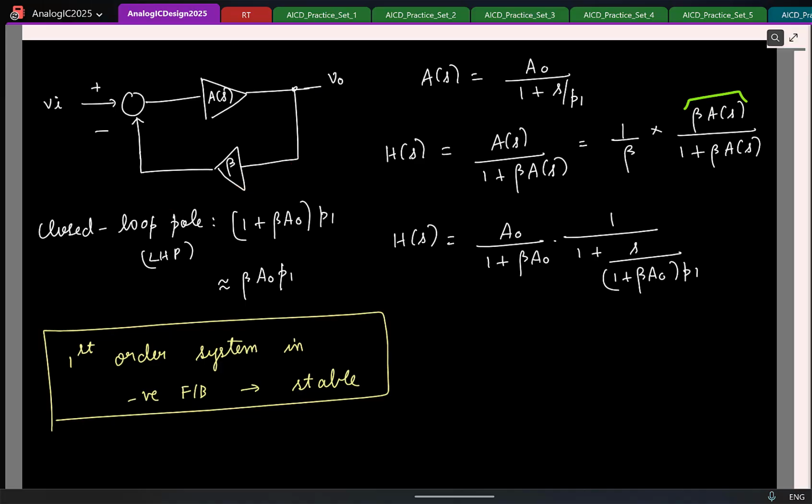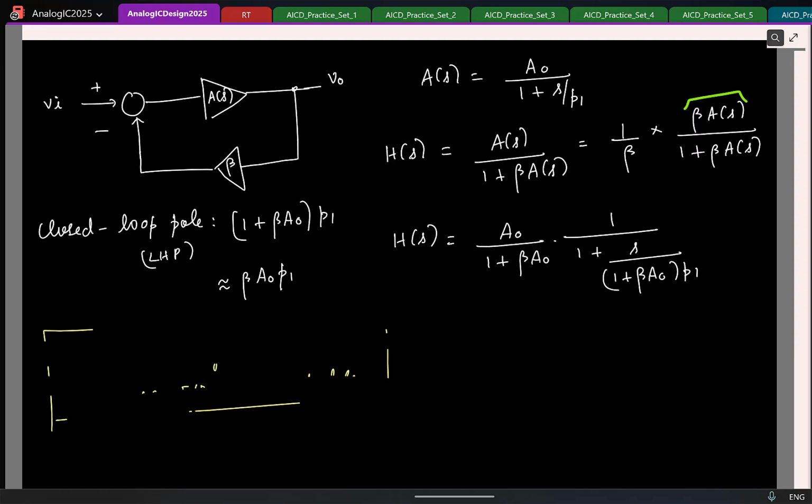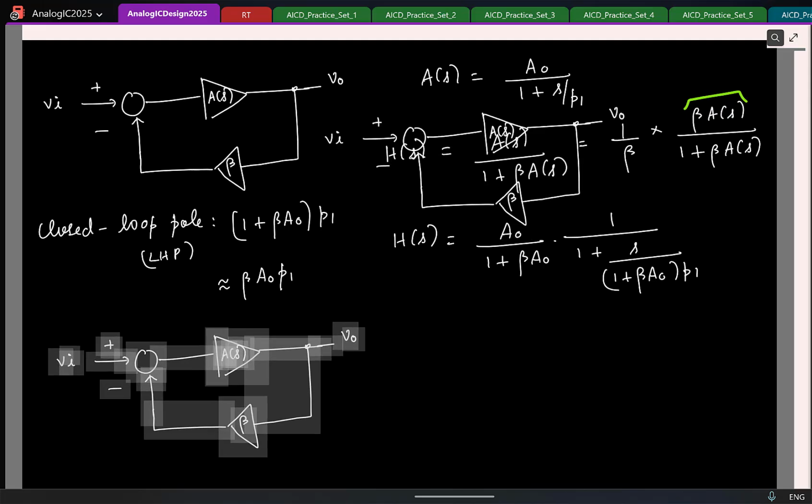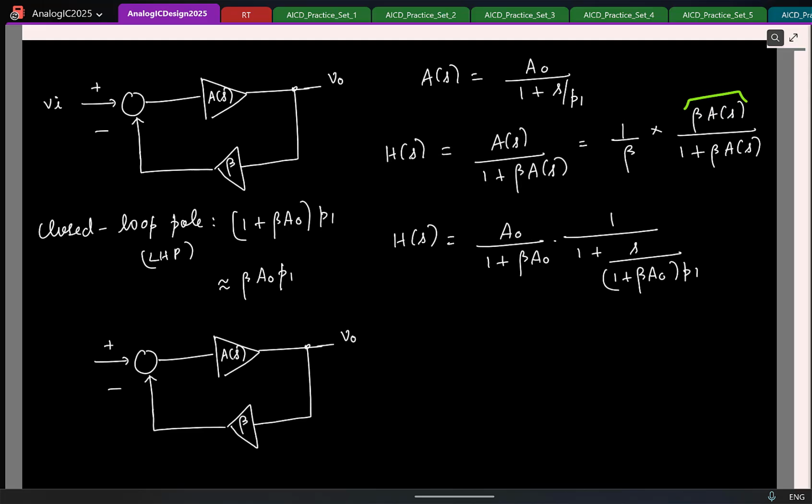Let us say you break the loop somewhere by de-energizing the input. So let me erase this. Let us say you make the input 0 and break the loop somewhere. To check if it is negative or positive feedback, what do you do? You break the loop. So let us say you break it here.